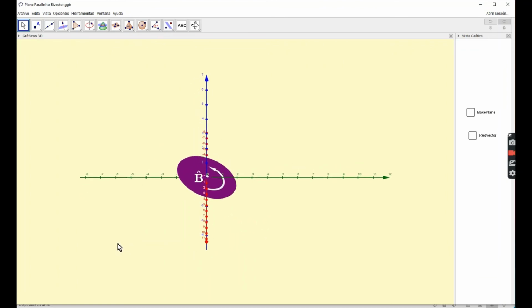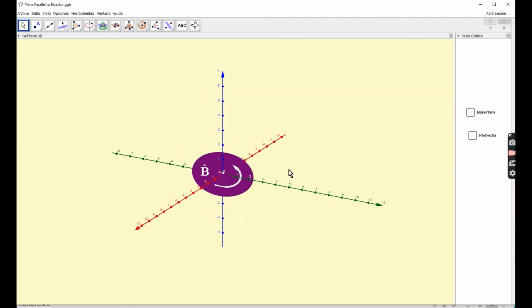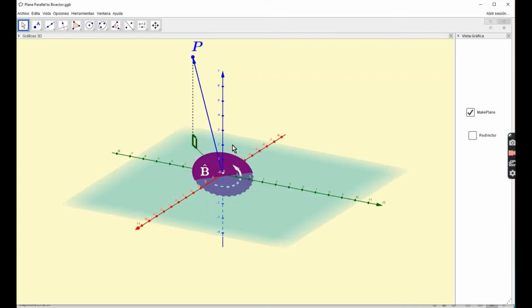Here's just a bivector, and I've drawn it at the origin of this XYZ set of coordinates. So here's how we can make a plane parallel to this bivector, or use this bivector to specify the orientation and the plane that passes through a given point.